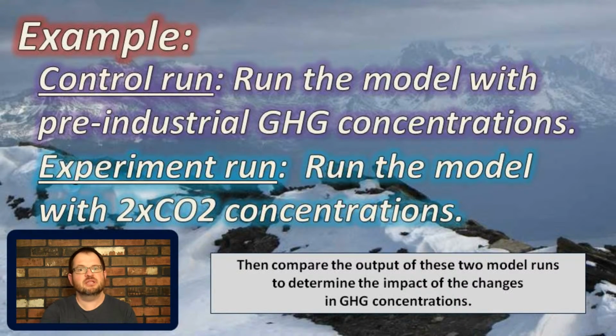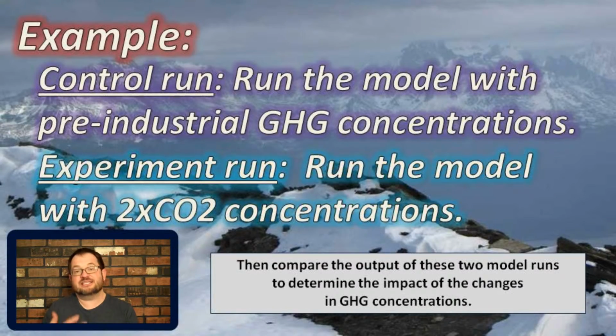You run one simulation of the climate with what we call control conditions. This is your control run, where you hold the conditions at the current concentrations of carbon dioxide in the Earth's atmosphere. And then you do the experiment run, where you do the same thing, except you only change one aspect of the climate system, like you increase the amount of carbon dioxide in the atmosphere. Let's say you doubled it.